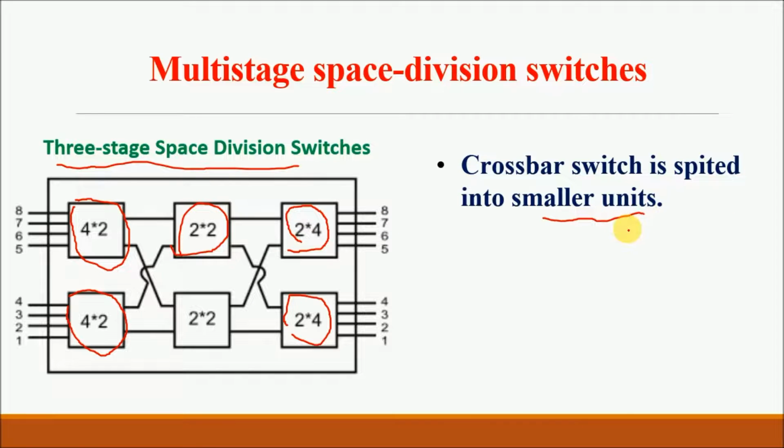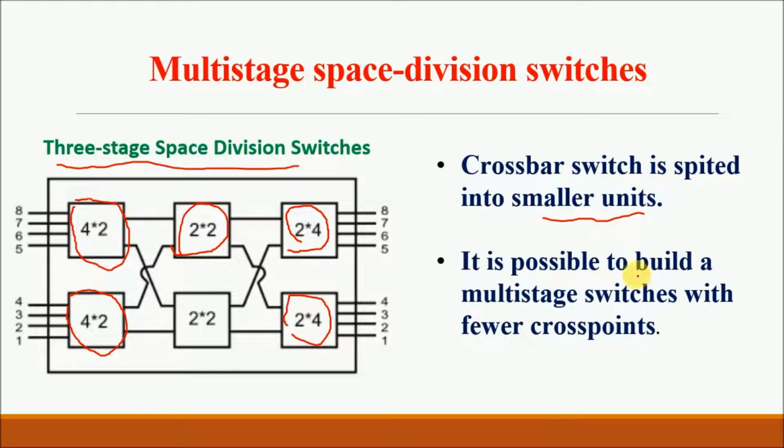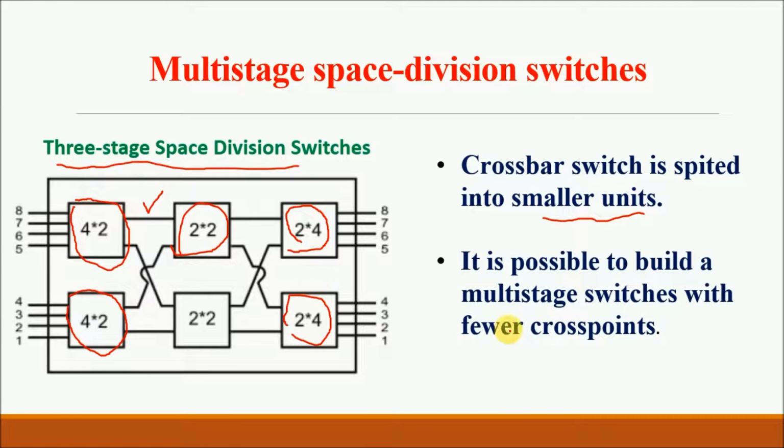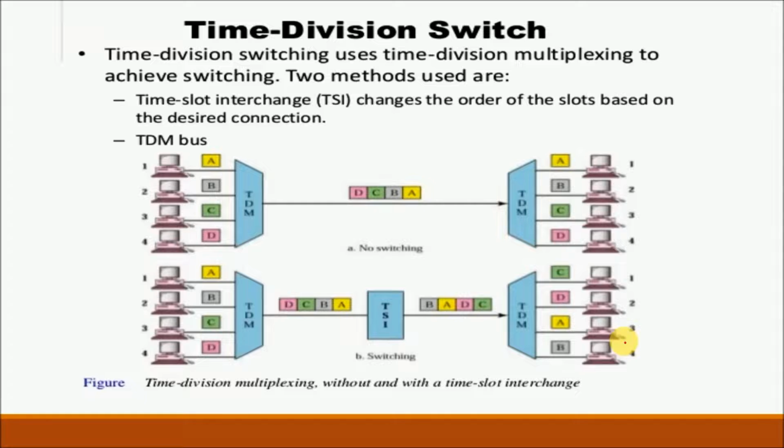So it will be smaller units, and it is possible to build a multi-stage switch with fewer cross points. The number of cross points is decreased from the previous example. Previously the cross points were huge, but here they will be fewer. Using fewer cross points, we can construct a multi-stage space division switching.